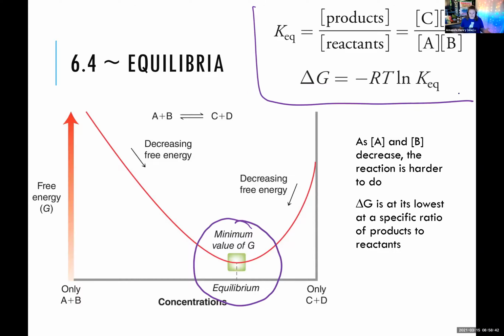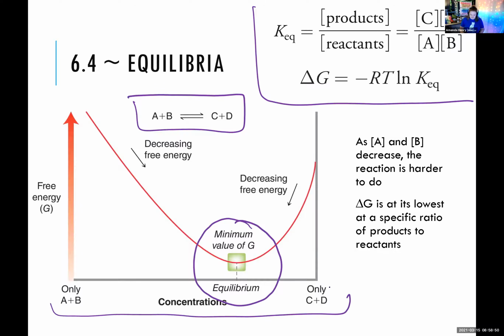But this is telling us that as we're doing this equation, A and B are making C and D. These are the concentrations down here. So in the beginning, this would be the very start of the reaction, we only have A and B, which means the reaction's going to go really fast. But as we make more C and D, the forward reaction slows down, the reverse reaction speeds up.